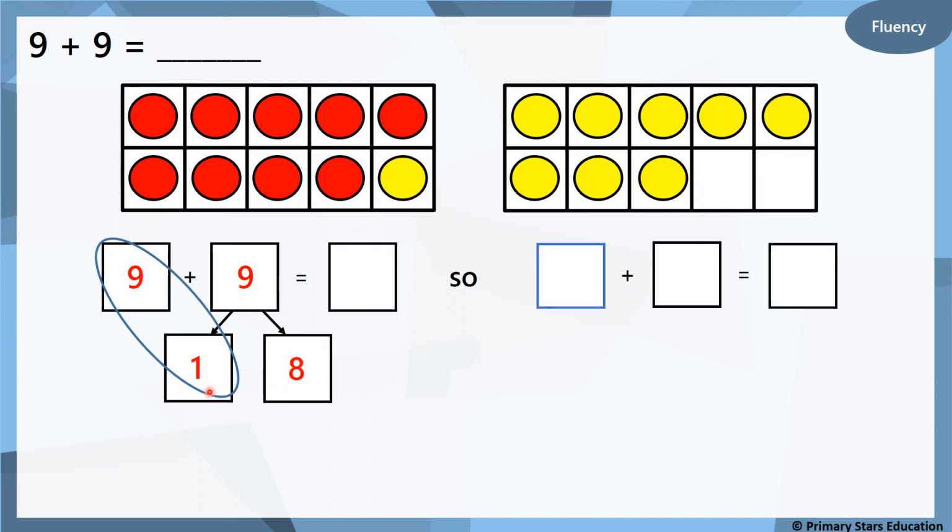So I've partitioned my 9 into 1 and 8. Now I know that I have 10 on this tens frame because it's completely full, and then I have 8 more, so I can count on 10 add 8, 10, 11, 12, 13, 14, 15, 16, 17, 18. So 9 add 9 equals 18. So 10 add 8 equals 18.